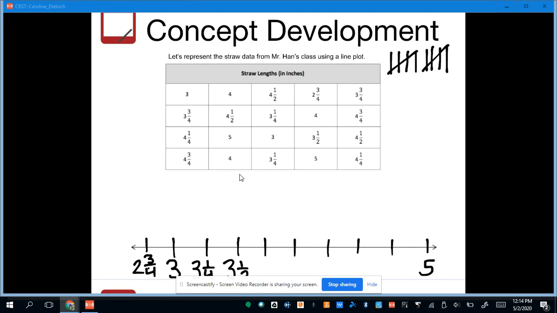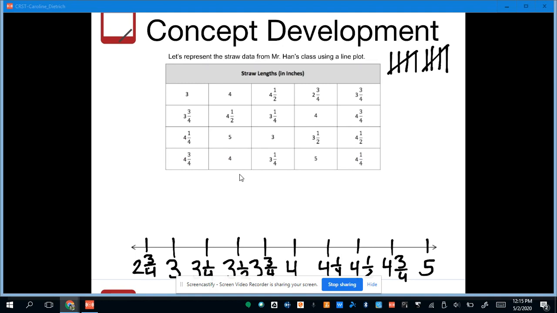So we want to use 3 1/2. 3 and 3/4, 4, 4 and 1/4, 4 1/2, 4 and 3/4, and 5. Okay, so we have our line plot, and now we have to label.